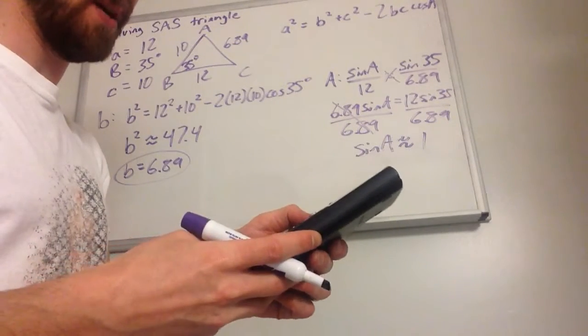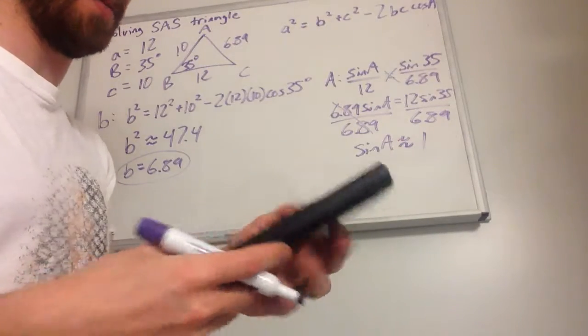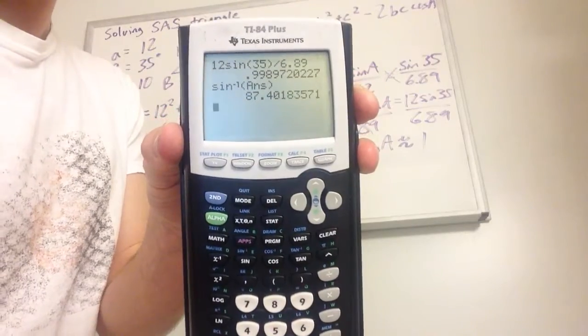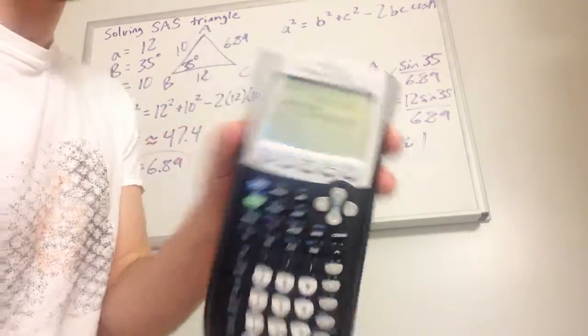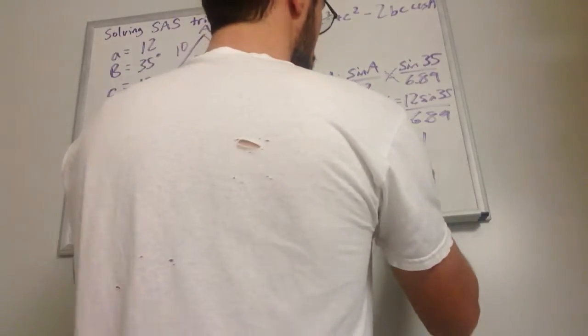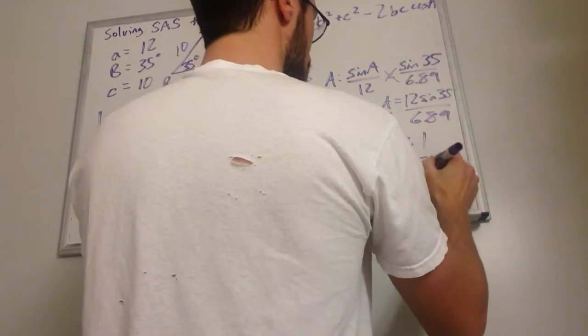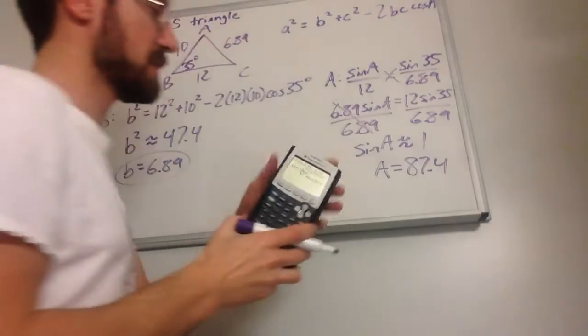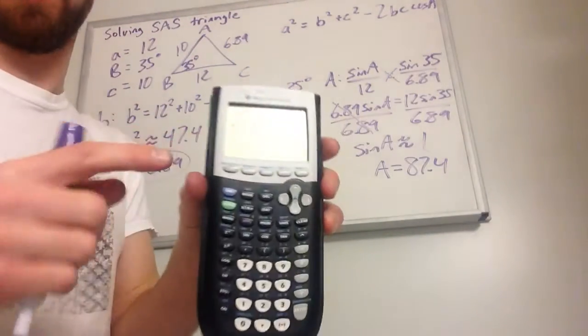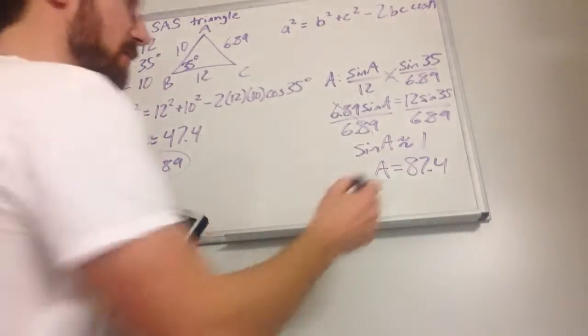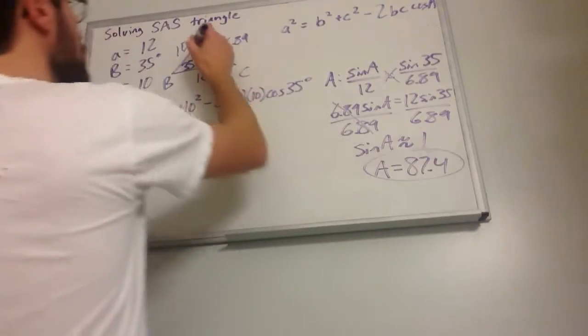In my case, I want the answer to be just about exact, so I'm going to use the answer button in my calculator and get that this is about 87.4 degrees. So A is equal to 87.4. So for sine of A, we're using inverse sine, the little sine to the negative 1, to figure out what that angle measurement is.